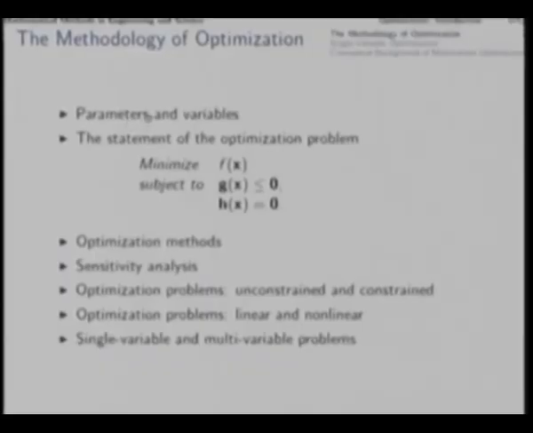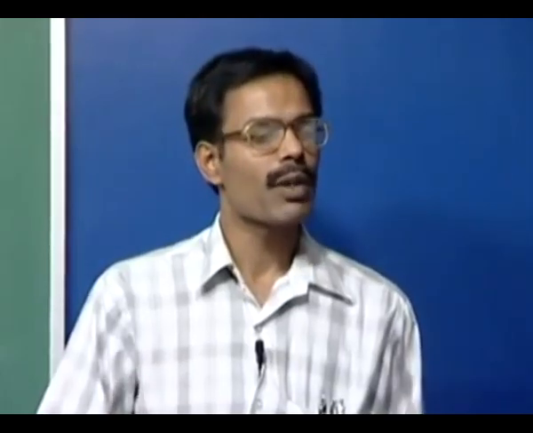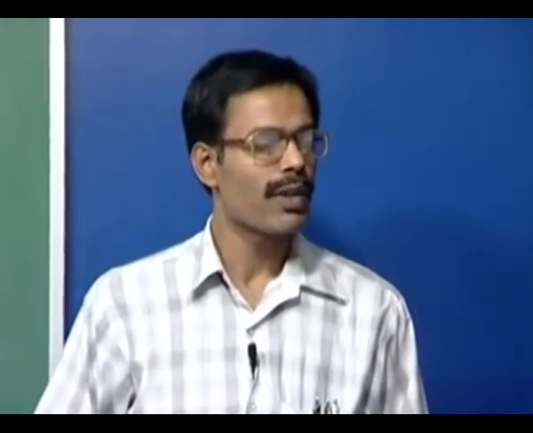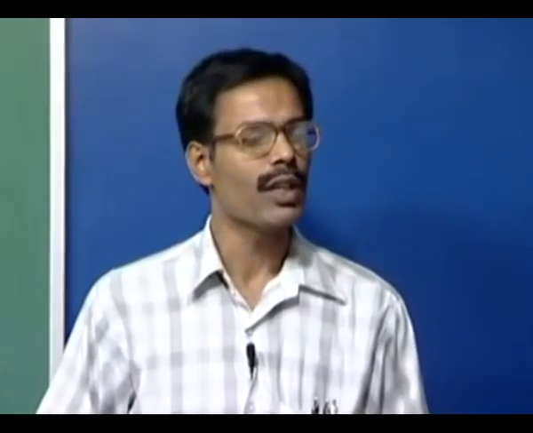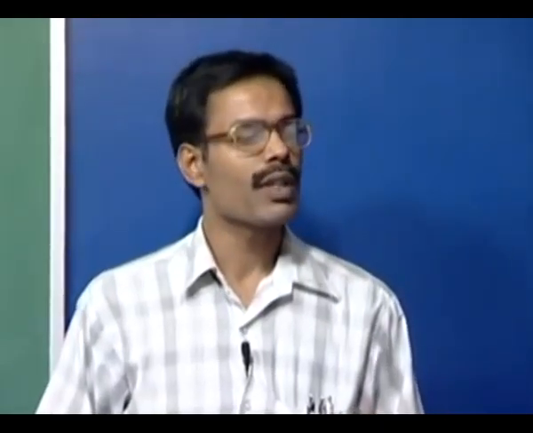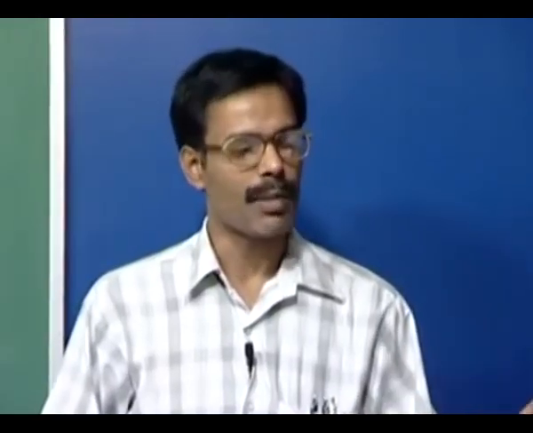Some of the variables you can treat as parameters which are kept constant for one particular study. In a particular problem, you may choose to keep all variables as design variables in hand and process all of them together. On the other hand, some of the variables in some situations are kept constant as parameters.